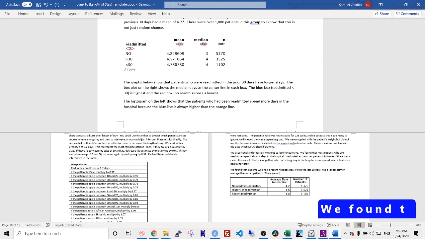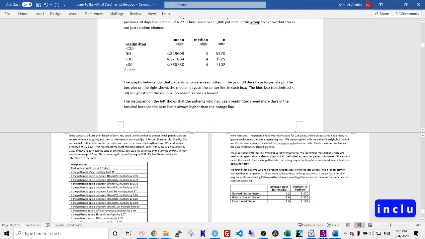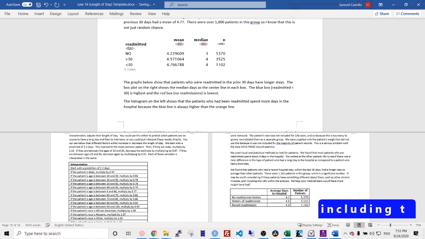There were 1,102 patients in this group, which is a significant number. So it may be worth considering if these patients have something different about them, such as other chronic illness, and including this info within the analysis. Perhaps your medical team would have more insight here that could help.